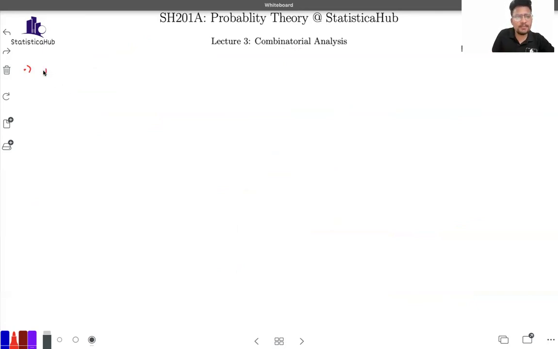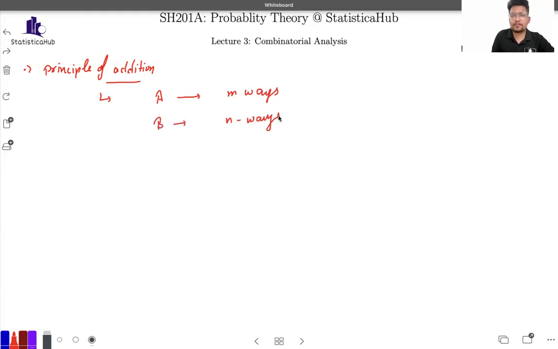So if I go for the principle of addition, let's say you have some event A, and this event can occur in M ways. We have some event B, and this can occur in N ways.